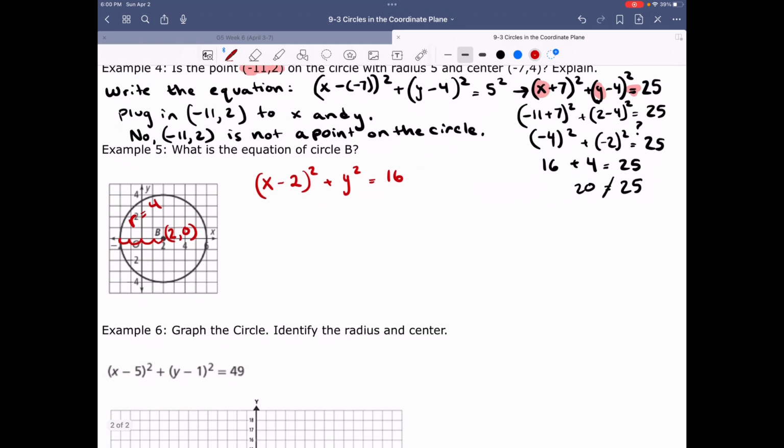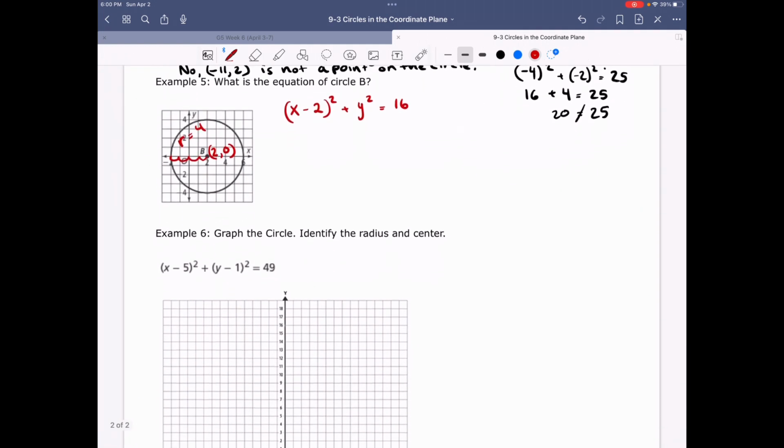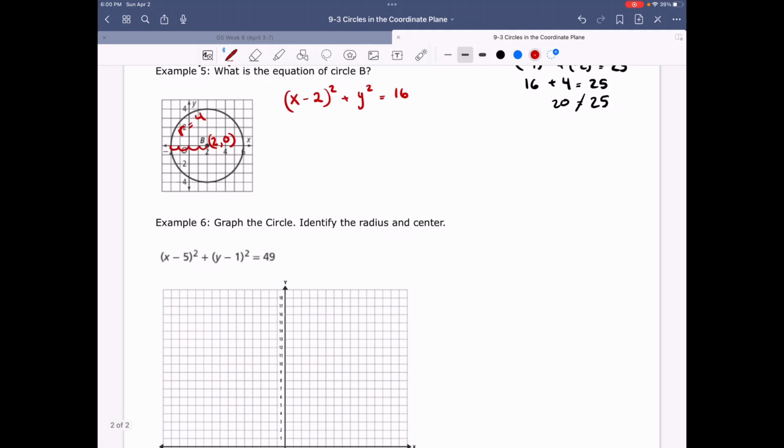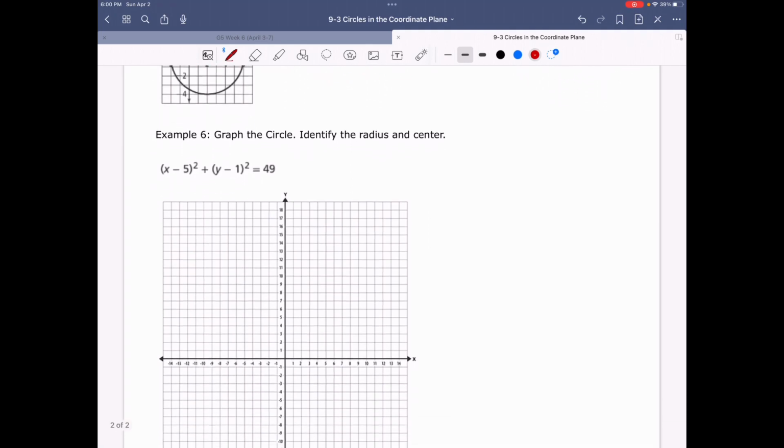And our last example, example number 6. Graph the circle. Identify the radius and the center. Okay, the radius is the square root of 49. And the square root of 49 is 7, because 7 times 7 is 49.